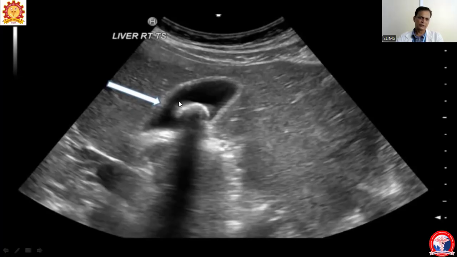So this is the case of calculus without inflammation of the gallbladder, without cholecystitis changes.